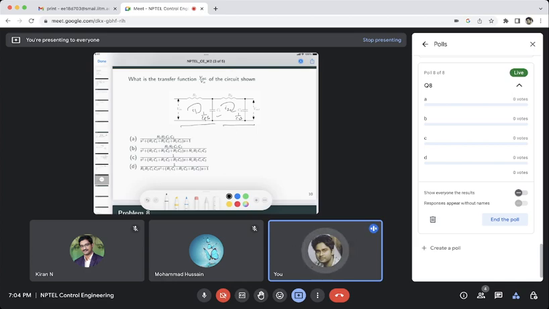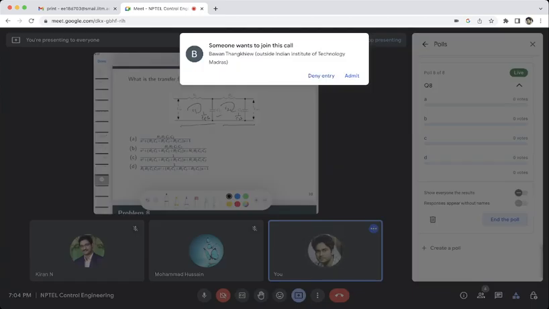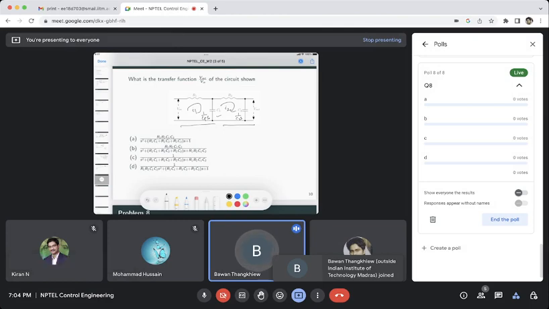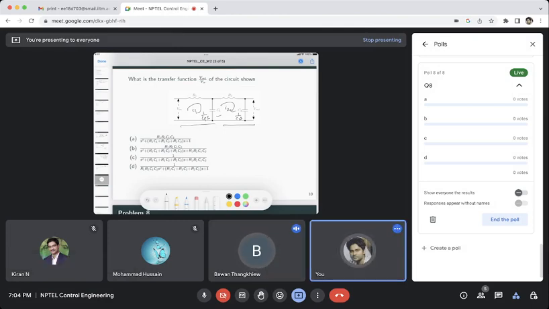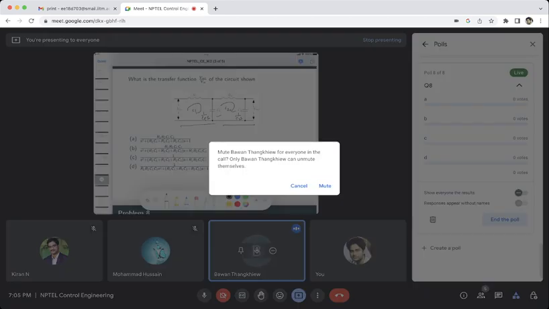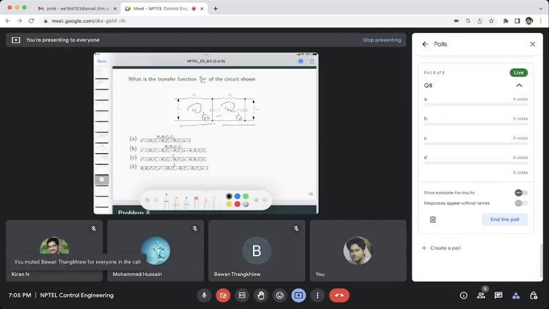And you know that the Laplace transform of integration is what function?